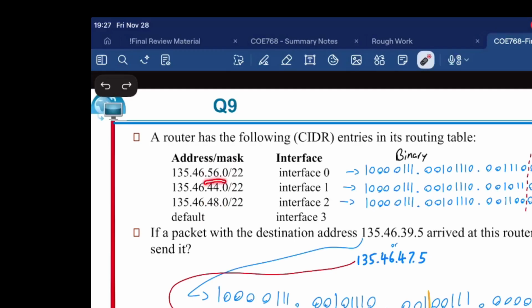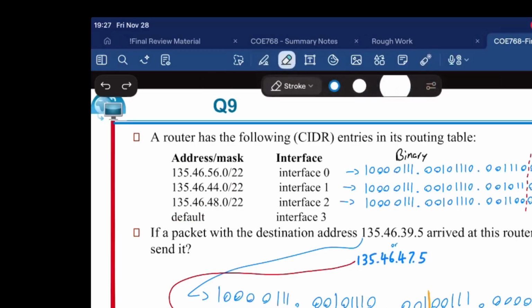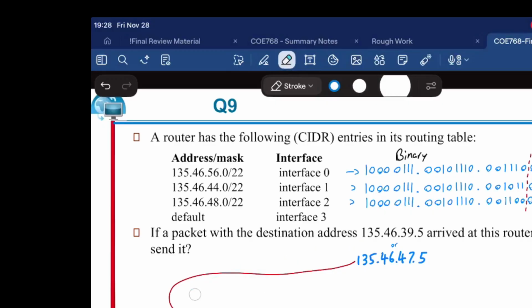So we have .56.0, 44.0, 48.0. Since this is less than all of these, we can automatically determine that we cannot communicate this destination IP address through any of our interfaces. So my bad for the confusion. We didn't have to do that for this question.